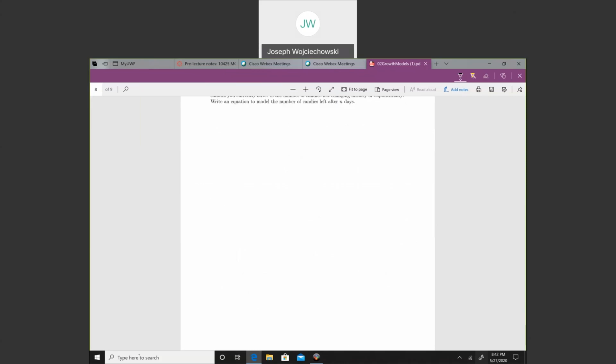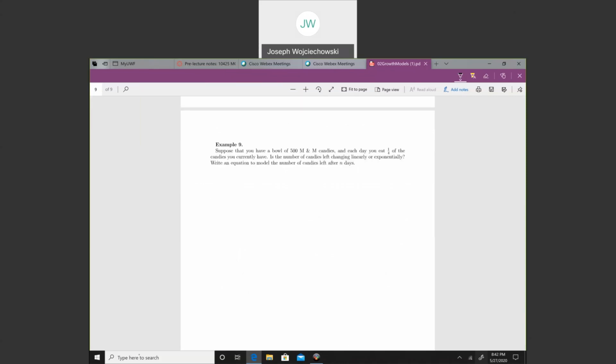Okay, example 9. Suppose you have a bowl of 500 M&M candies, and each day you eat 1/4 of the candies you currently have. Is the number of candies left changing linearly or exponentially? Write an equation to model the number of candies left after n days.